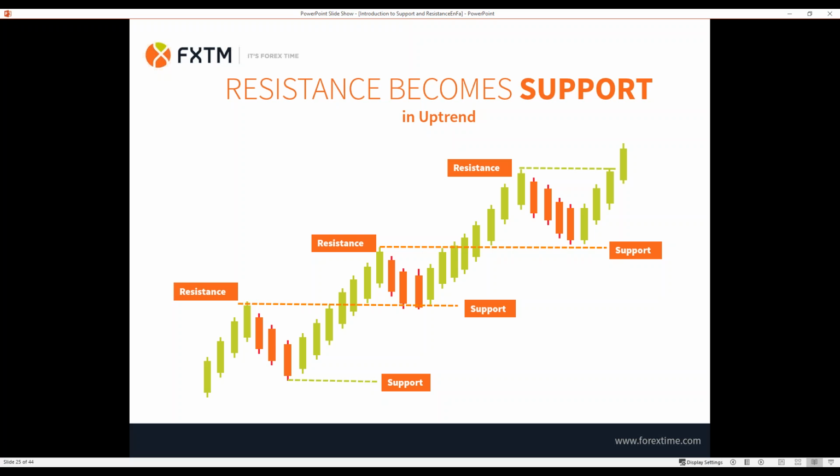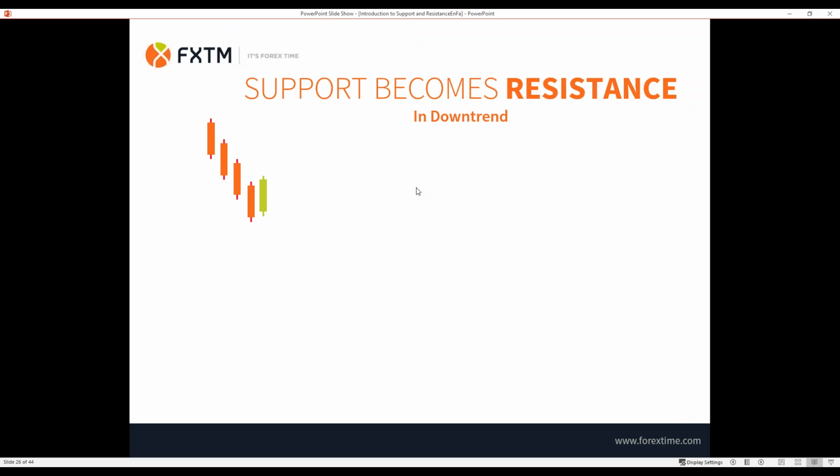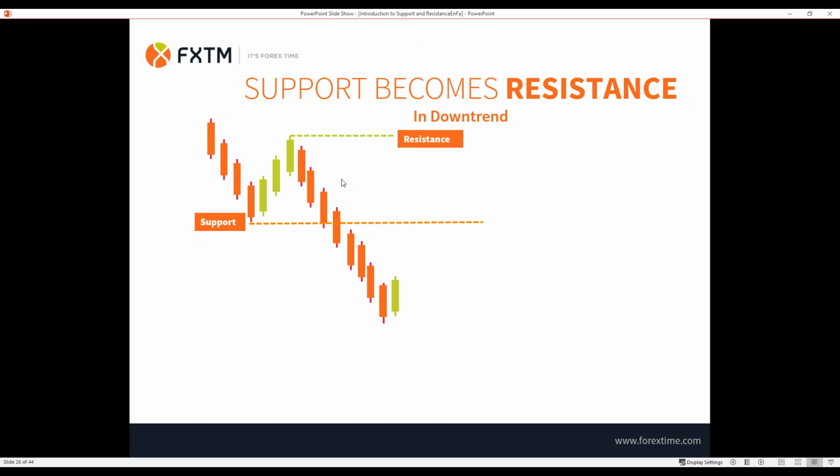Okay, let's go on. So support becomes resistance in a downtrend. So this is support. And then prices go a little bit higher for a correction. They form a top, a resistance. But since we have a strong downtrend, prices break below the support. And this support becomes a resistance now.